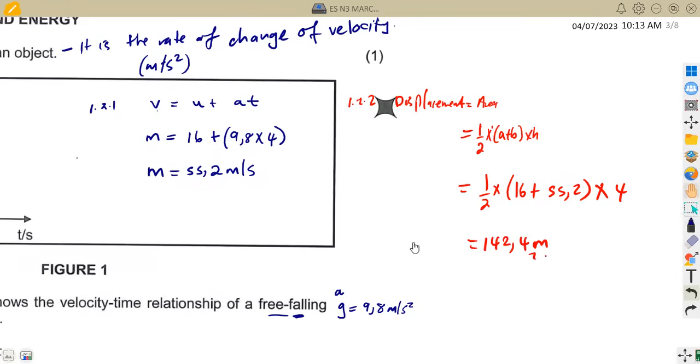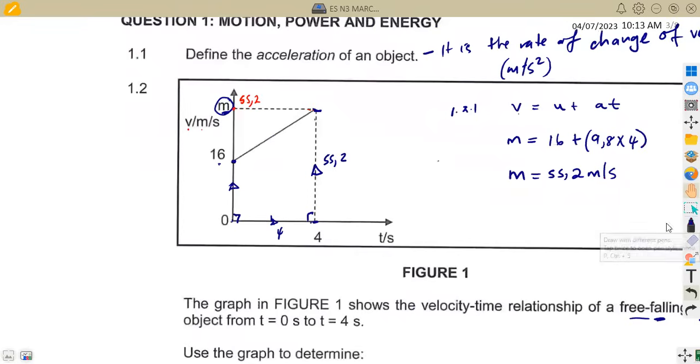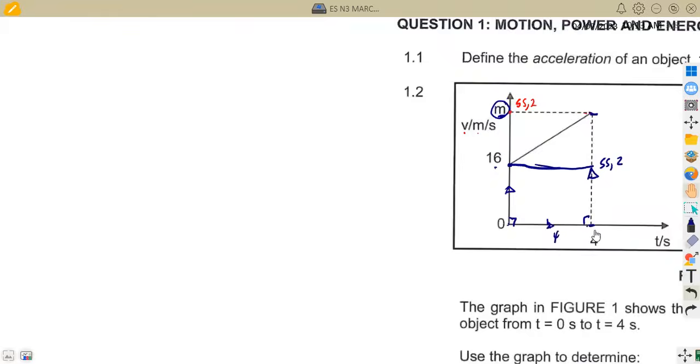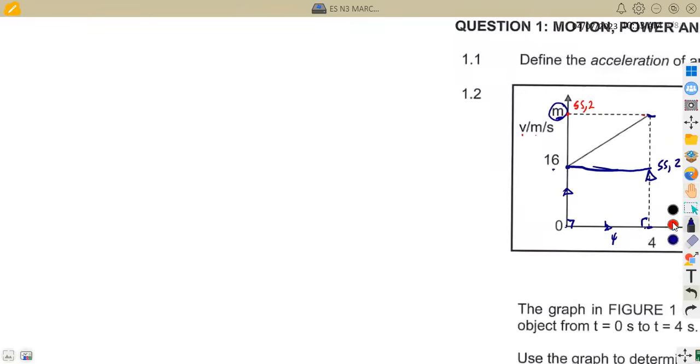Or you could have worked this way, obtaining this, which means we've got a rectangle in this case. So your displacement was going to be equivalent to the area, which is a rectangle, length times breadth, plus the area of a triangle, which is half base times the perpendicular height.